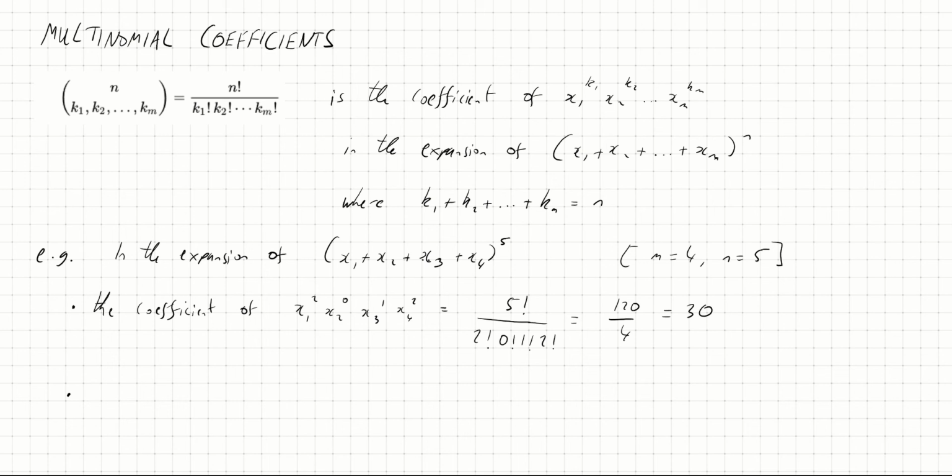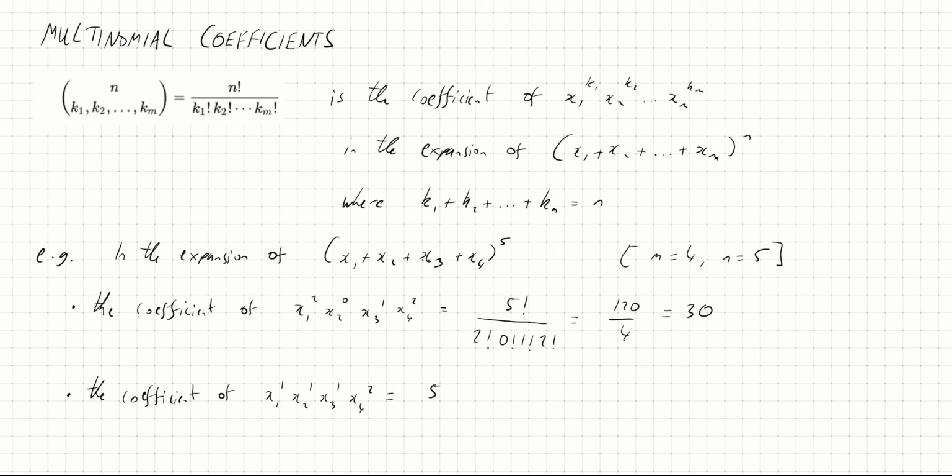Similarly, using the same expansion, if we were asked for the coefficient of x1 to the 1, x2 to the 1, x3 to the 1, x4 squared. Again, all of these powers add up to 5.